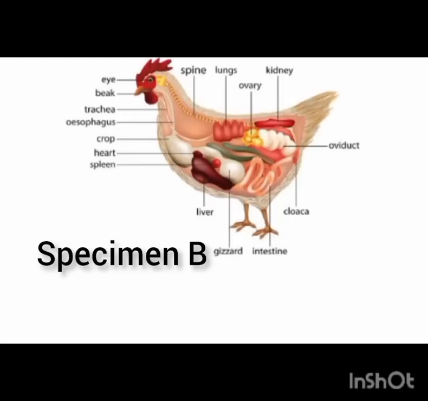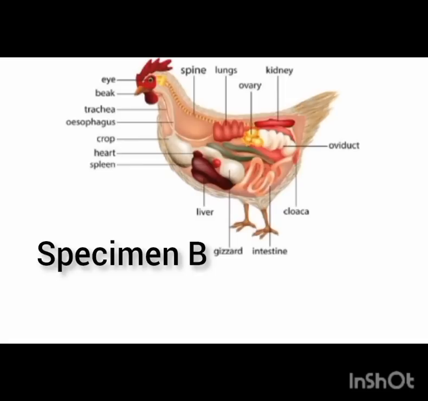The liver helps in production of bile and breaking down of harmful substances in the body of the chicken. If you test the liquid in the bladder, it will turn red litmus paper blue, and the pH is above 7. So it means it's basic in nature.